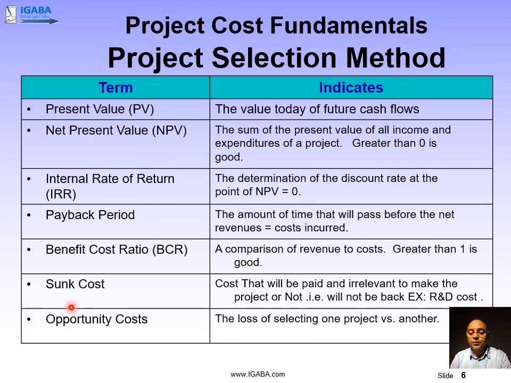Like, for example, the cost of R&D of a product that will never make it to market. In pharmaceutical companies, for example, many research projects will never amount to a marketable drug. And the money they spend on the research and development of unmarketable drugs is considered sunk costs.